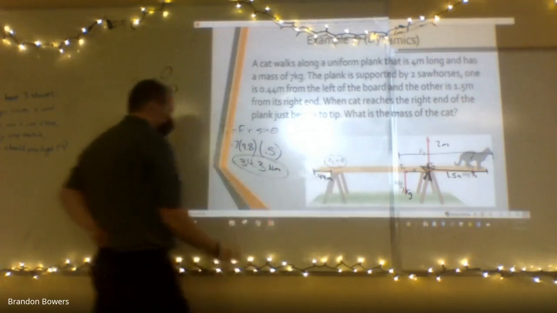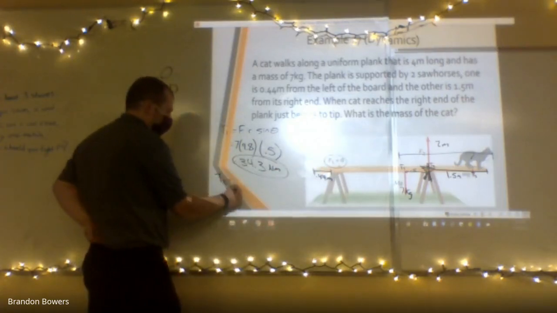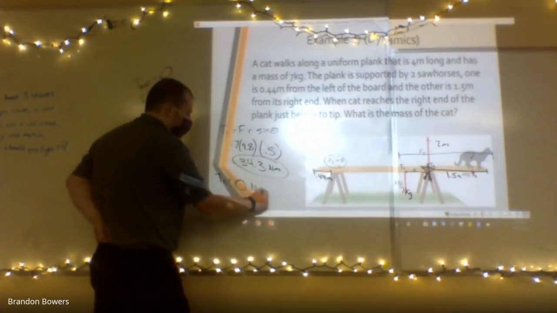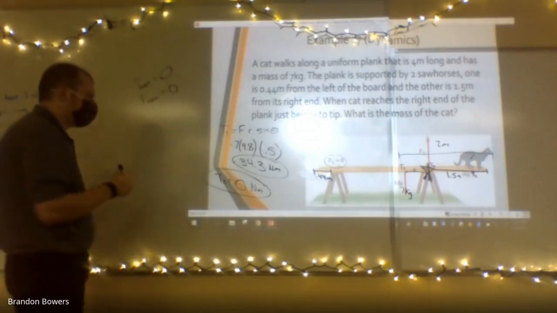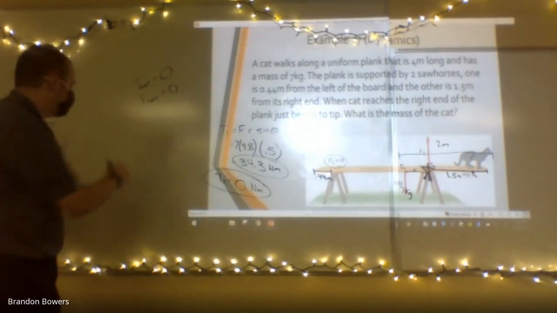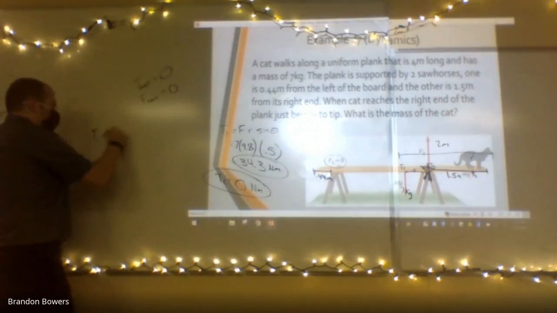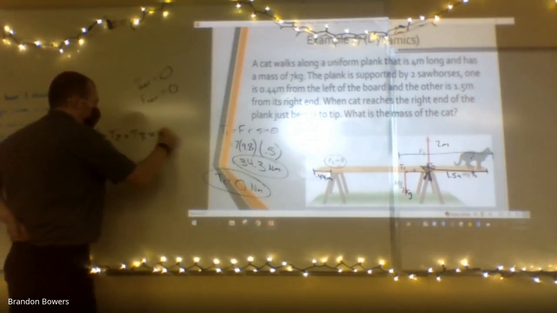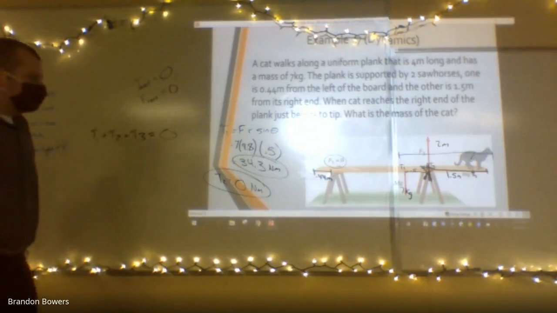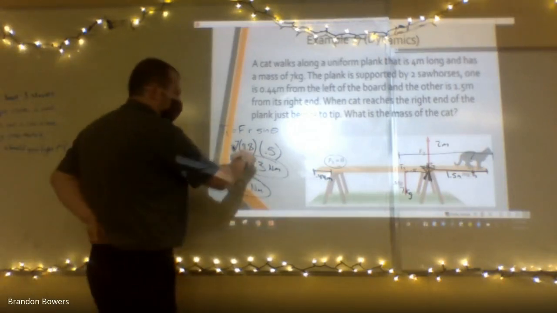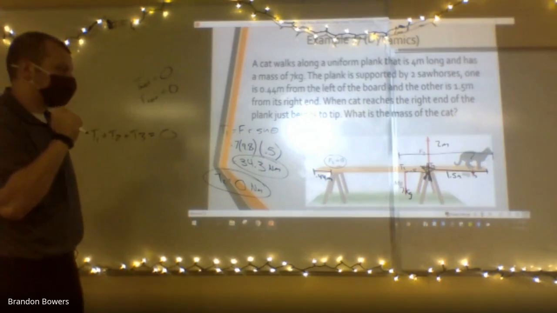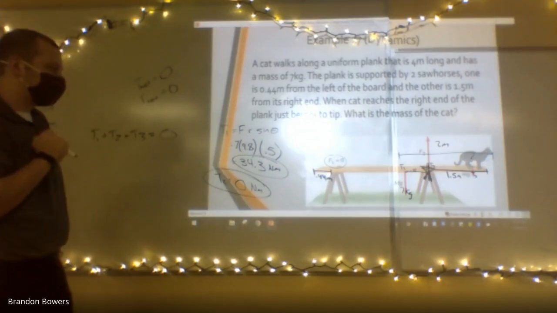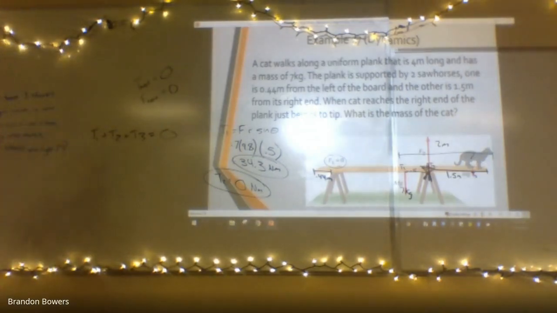Torque 2, easy one. What's torque 2? 0. Why? Because it's the axis point. So, remember, torque 1, torque 2, torque 3 all have to equal 0. Wouldn't torque 1 be negative because the distance is to the left of the axis point?